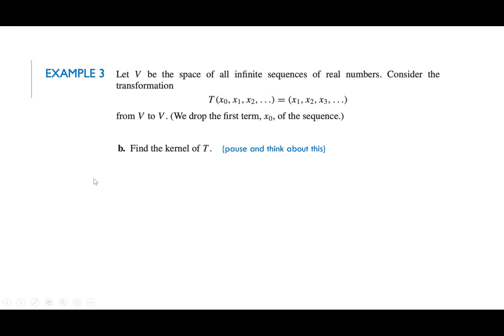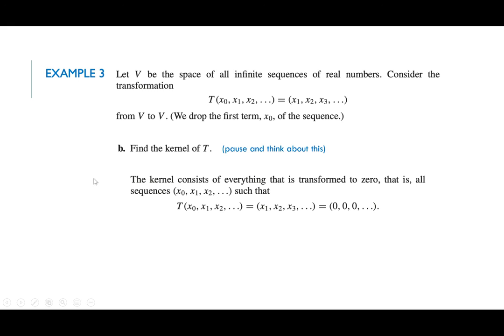Okay. So what is the kernel? Well, the kernel has got to be everything that gets transformed to the 0 sequence. So this is going to be every sequence where chopping off the first entry is going to leave you with a sequence of zeros. And so the kernel is all sequences where the first entry can be whatever it wants to be.